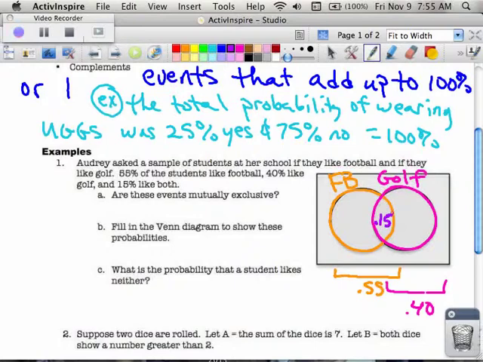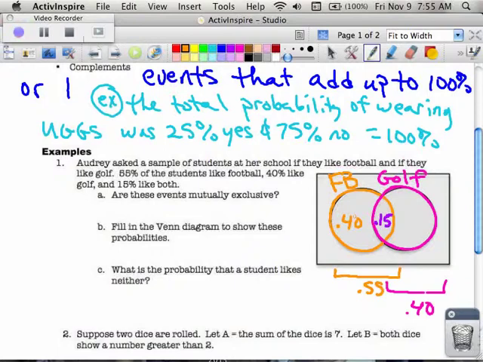If 15% like both, how many football people are left over that like football but do not like golf? 0.40 or 40%. So inside the orange circle, there are 40 more percent that just like the football but don't like the golf. And if you look inside the orange circle now, and you put those two numbers together, you see the 55%.